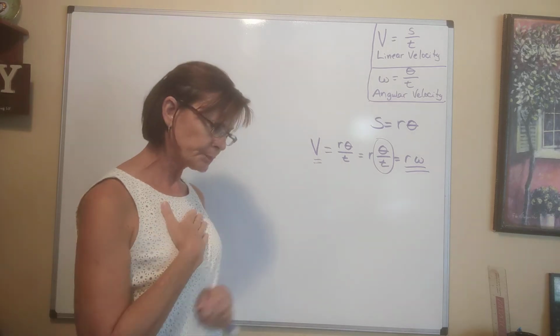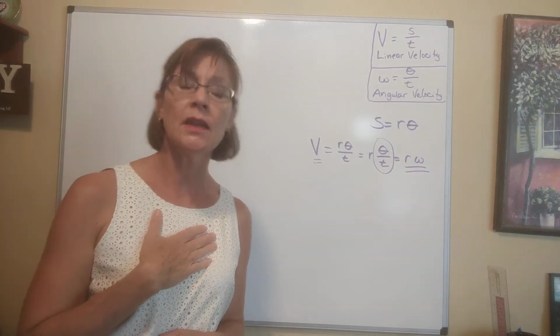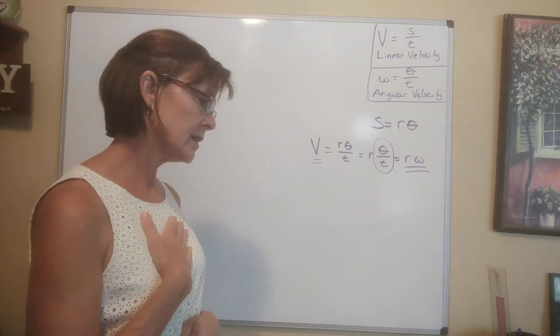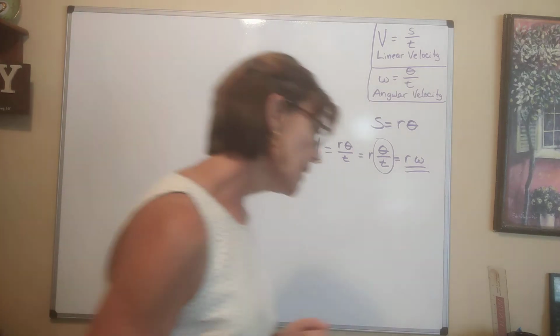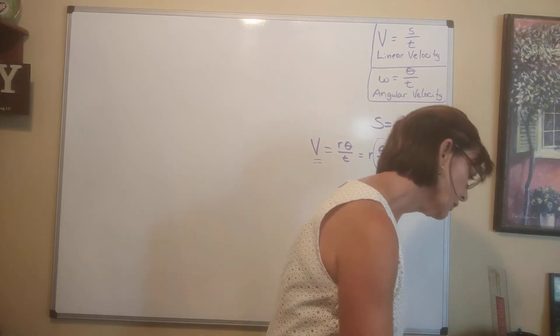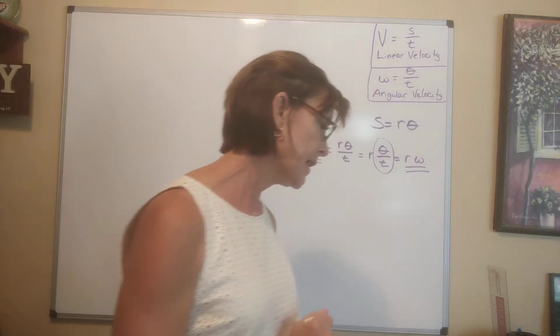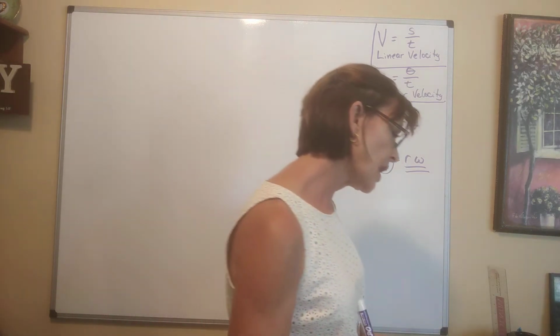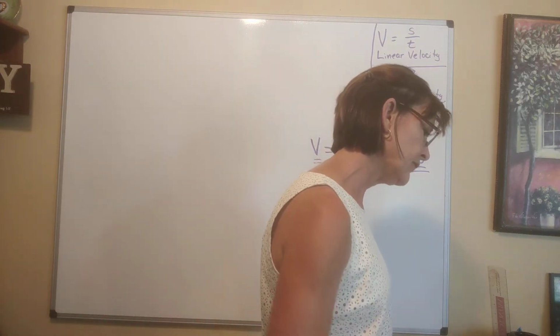All right, have your calculator handy, and we will dive into this. Number 1 says: if a 3-foot diameter wheel turns at 12 radians per minute, what is the velocity of a point on the wheel in feet per minute?